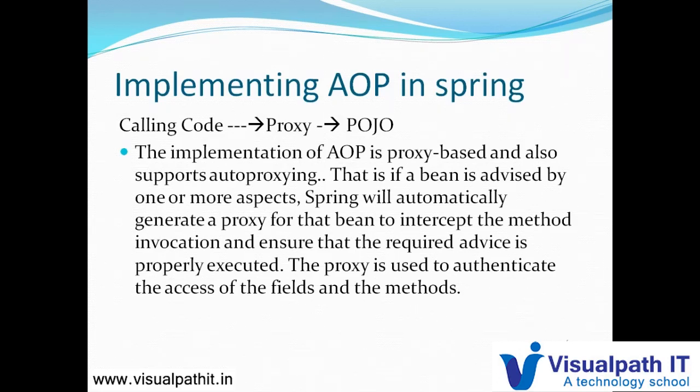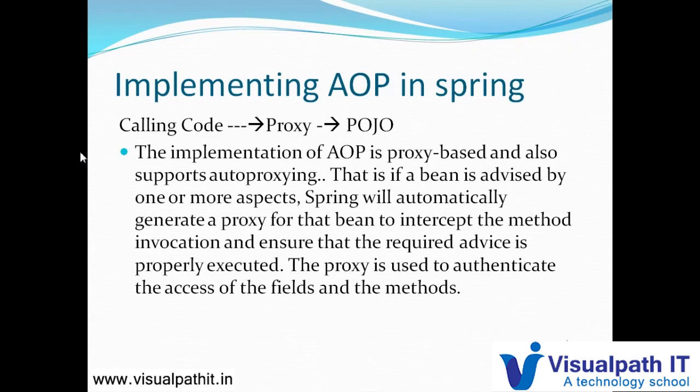So proxy forms a very important concept in implementation of Spring AOP. If we remember this flow, the calling code calls through the proxy, which in turn calls the POJO, and the return is made in the same order, back to the proxy and again to the calling code.